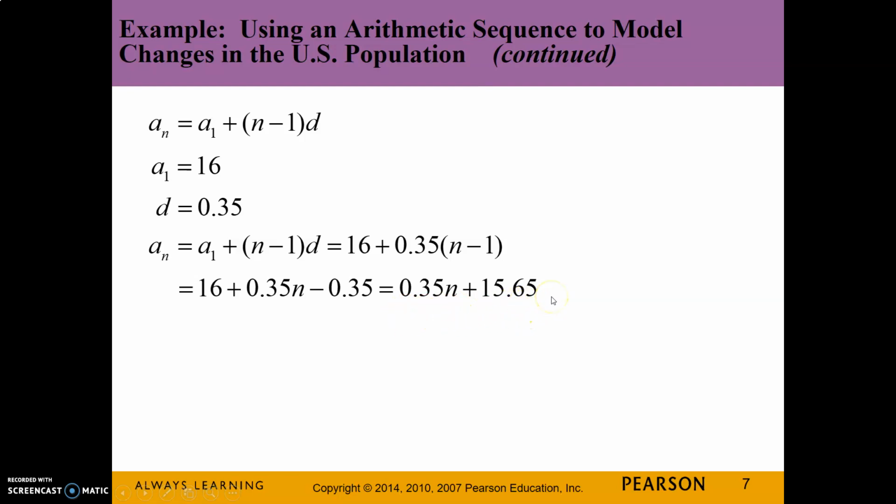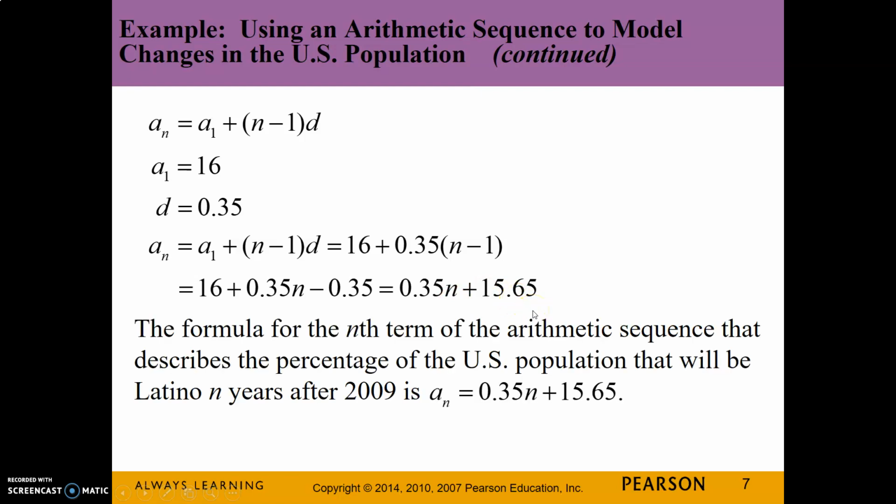Again that makes sense, because linear equations have constant slopes, constant rates of change, which is similar to having a constant difference. So this is our formula here: 0.35n plus 15.65. That represents, n years after 2009, the US population that is Latino.